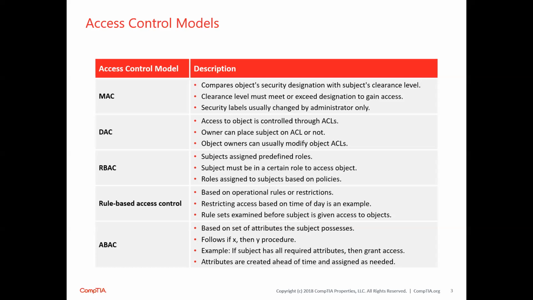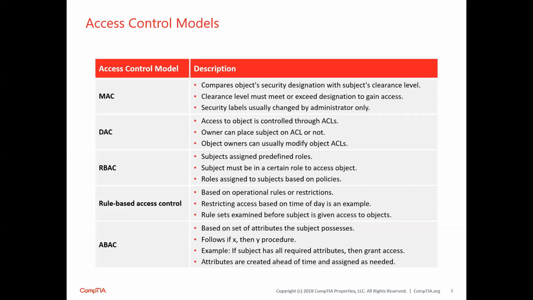Think about your Windows. When you create a document, as the owner of the document, the owner can place subjects on the ACL, while the owner can also modify the ACL to provide access to the object, or the document, for other subjects or users.